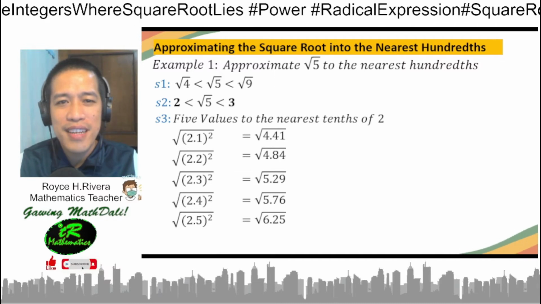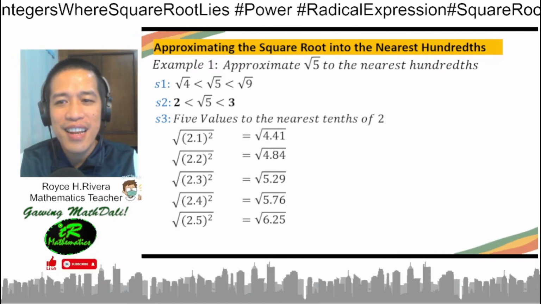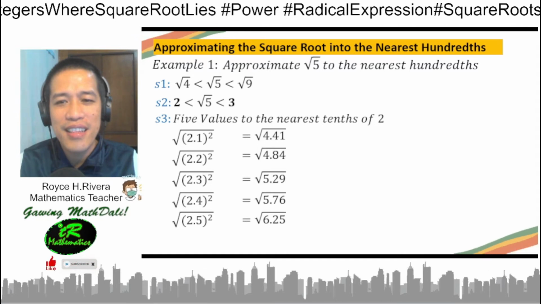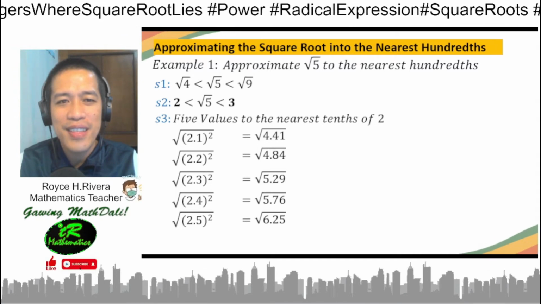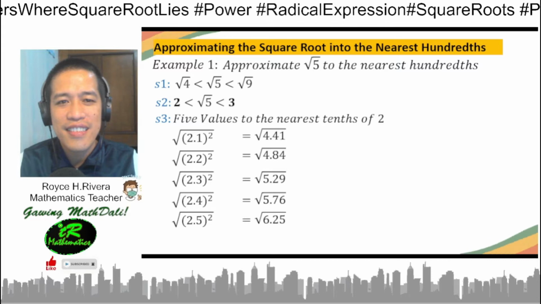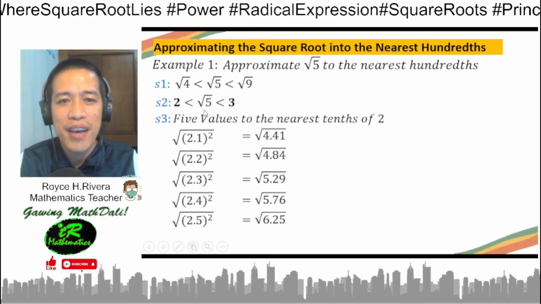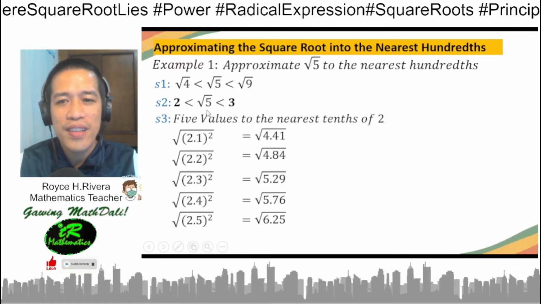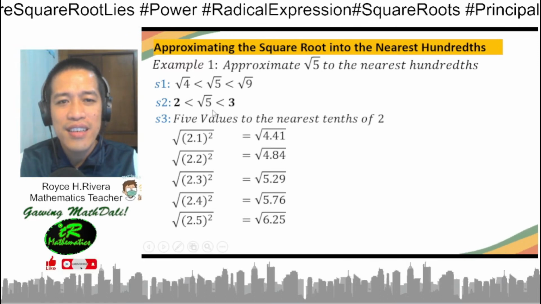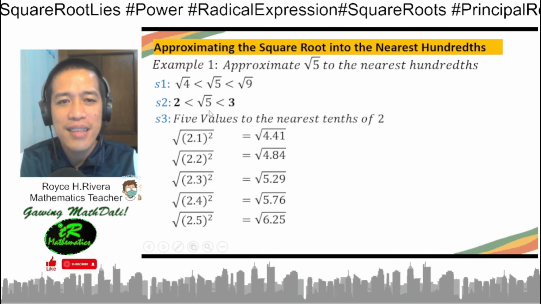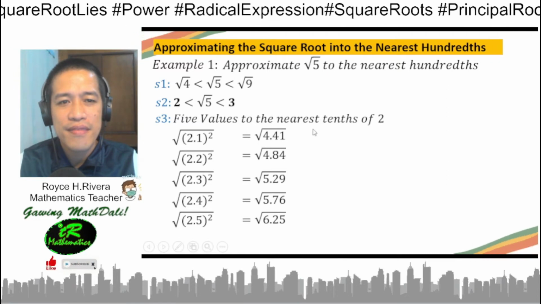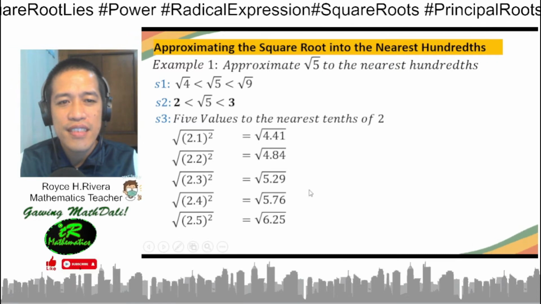So based from the results, we will now get the radicands where the given radical expression lies. Again, the radical expression is square root of 5. So look for the radicands where square root of 5 lies in between. So narito.